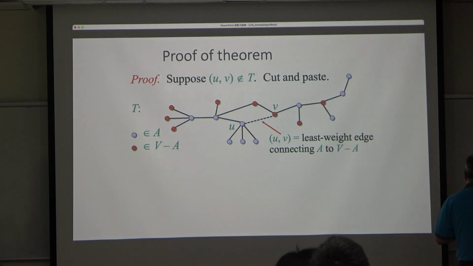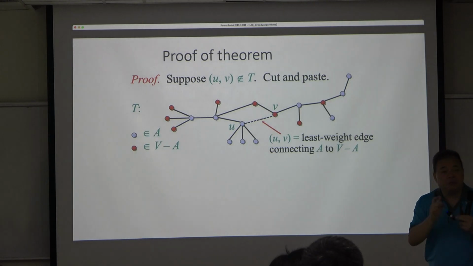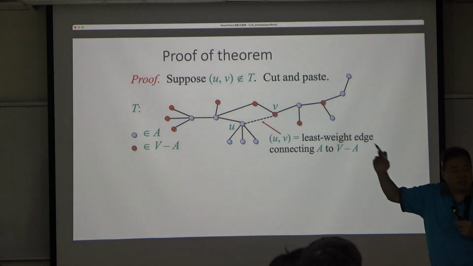I never say the nodes here are connected or the nodes here are connected. No. I'm not saying that, right? I'm saying the whole graph is connected, right? But the nodes in A may not be connected. Nodes in V minus A may not be connected.